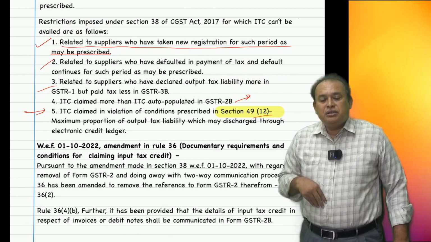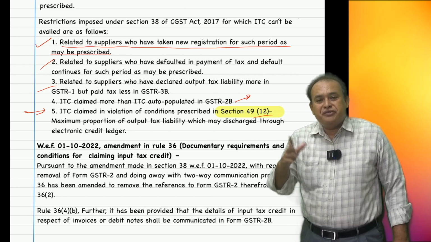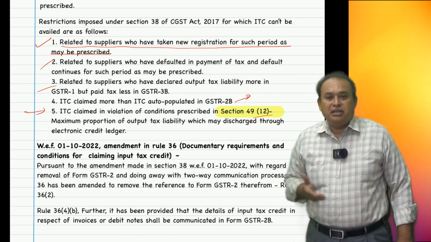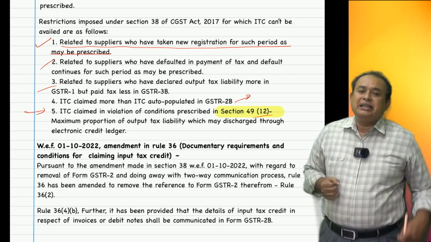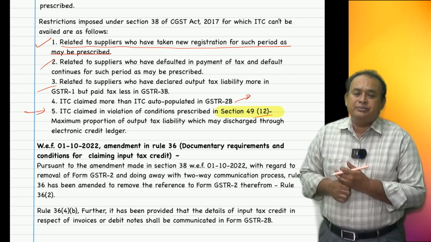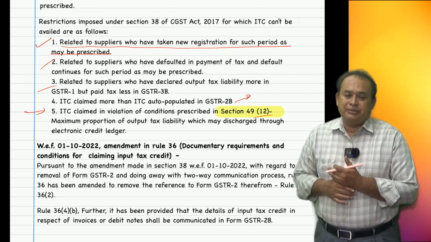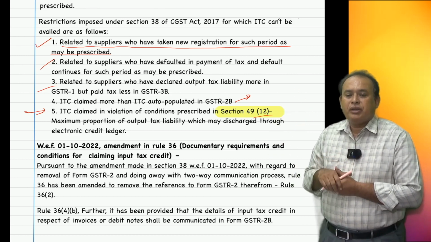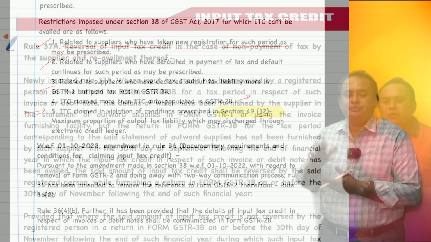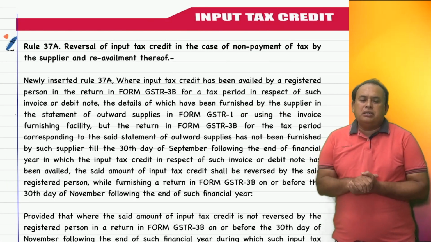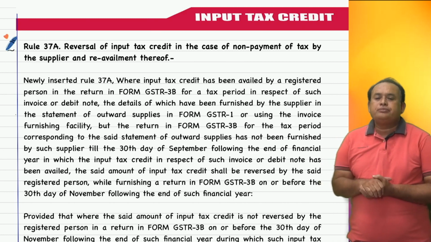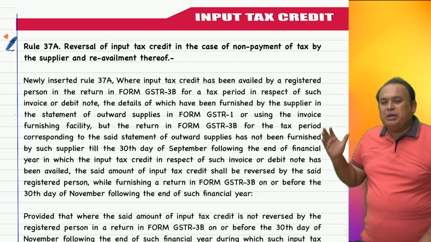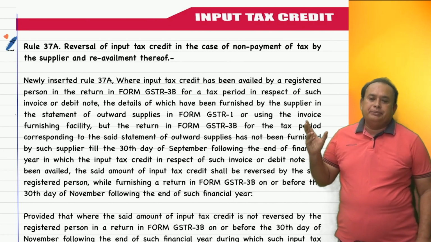Explain the situations in which restrictions are imposed under section 38 for which ITC cannot be availed. Explain these. 5 points, 5 marks.